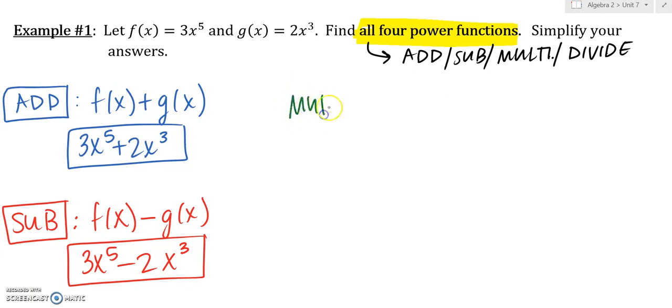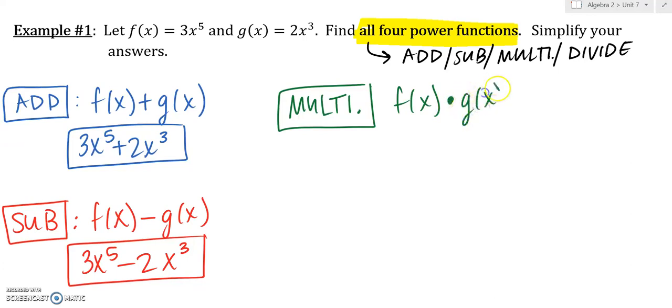Next, I have multiplying. I'm just going to shorten it out. Okay, that would look like f of x times g of x. Okay, those are being multiplied by each other. So when I do this, I'm going to have 3x to the 5th times 2x to the 3rd. When I multiply, 3 times 2 is 6, but I add the exponents.